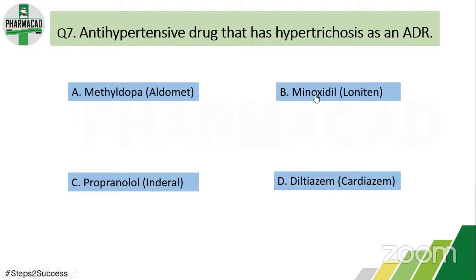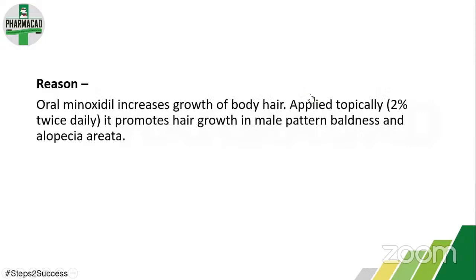If you know the answer, it cannot be methyldopa, it is not propranolol, and neither is it diltiazem. The answer here is minoxidil. This is a very prominent adverse reaction of minoxidil, which is seen when it is used as an antihypertensive.